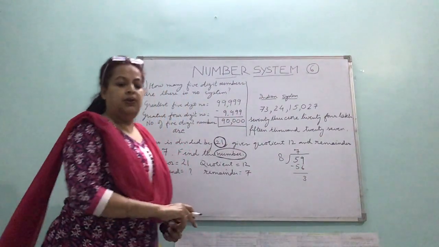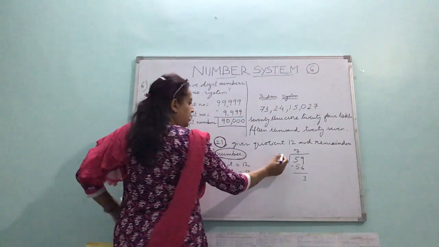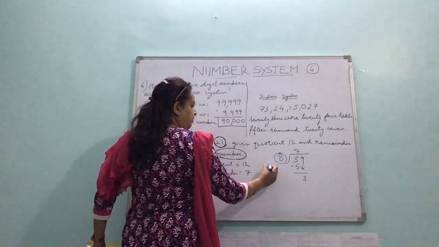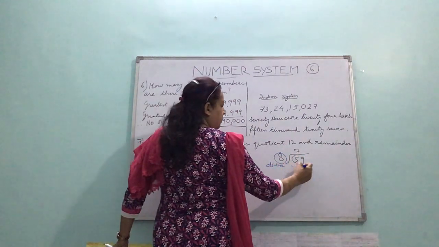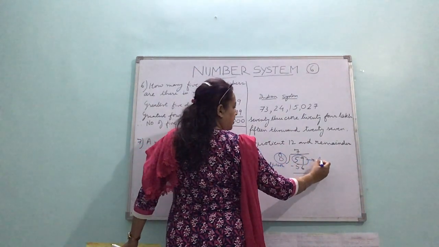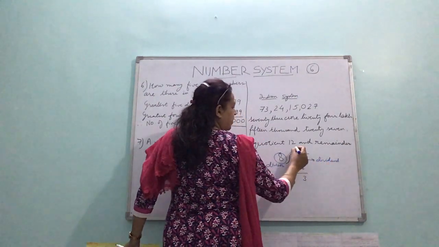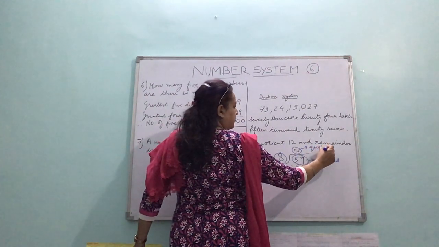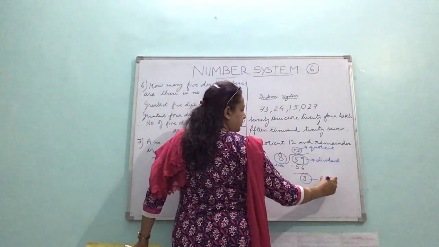Okay. So I'll just tell you what these are. So 8 is the divisor. 59 is the dividend. This is the quotient. Remainder.